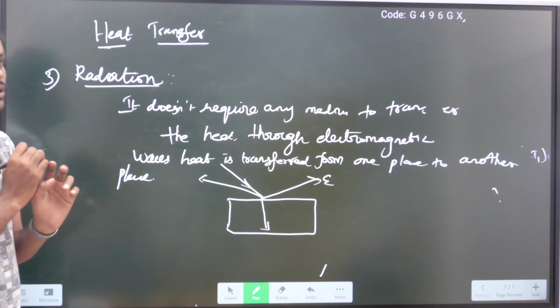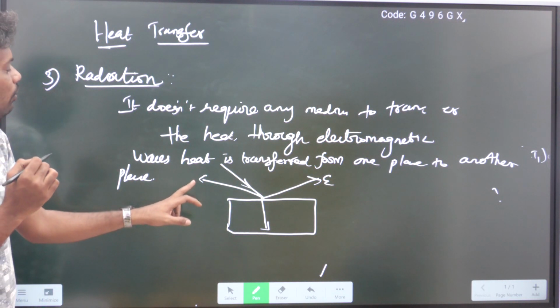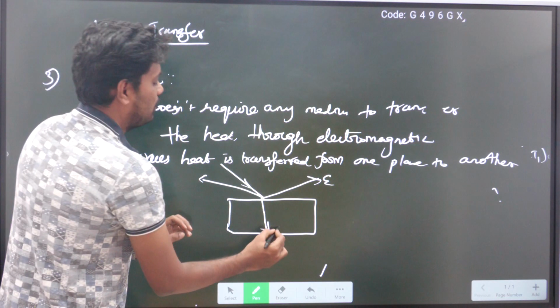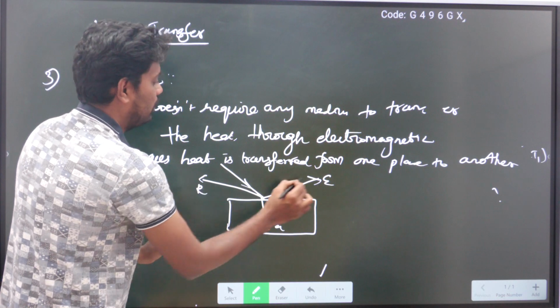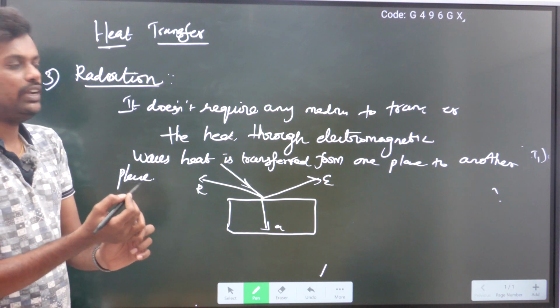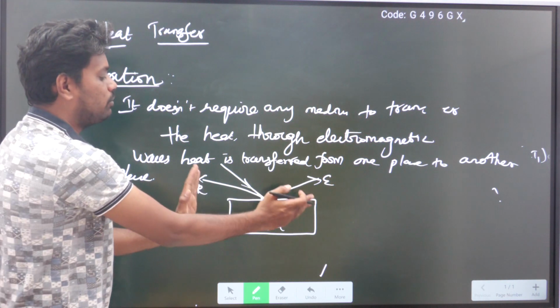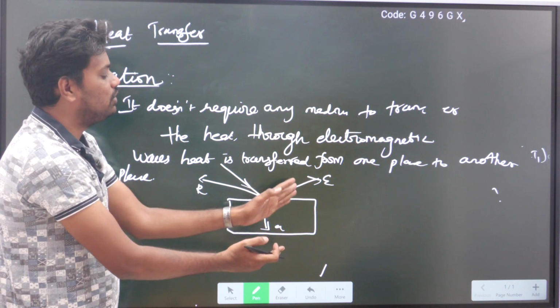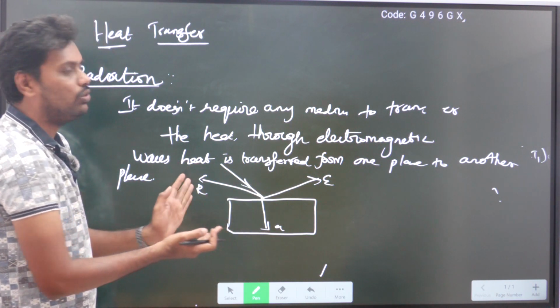So this is the concept of radiation. We have to remember this is absorption, this is reflection, and this is emission. For any heat energy falling on a body, there will be three things: emission, absorption, and reflection.